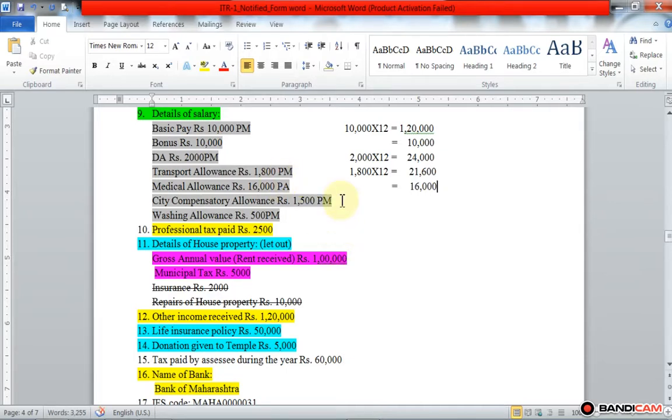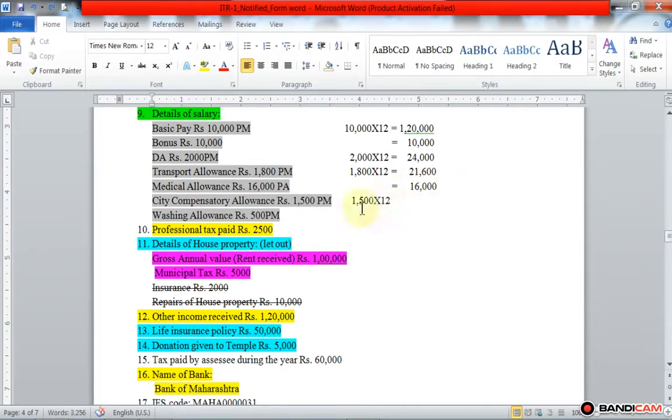Then next one is city compensatory allowance. So city compensatory allowance is 1,500 per month. Okay, PM means per month. 1,500 multiplied by 12 is equal to 18,000.